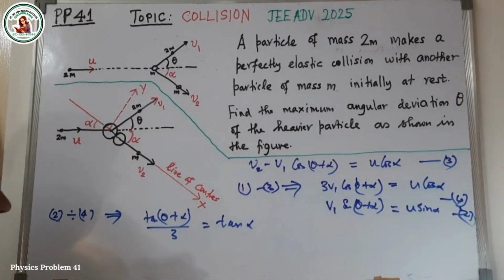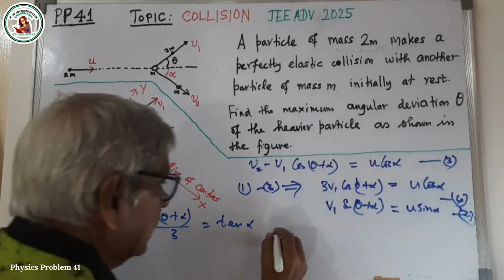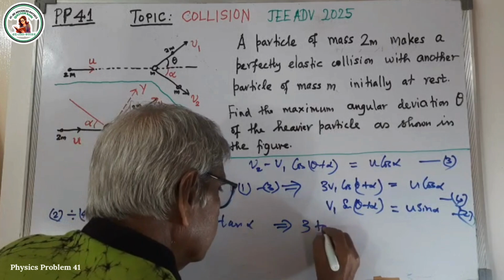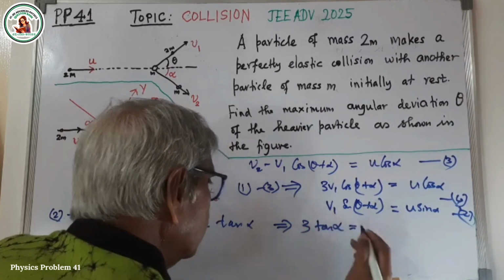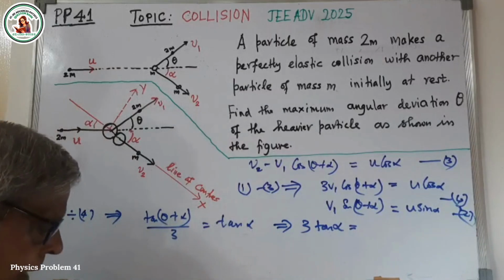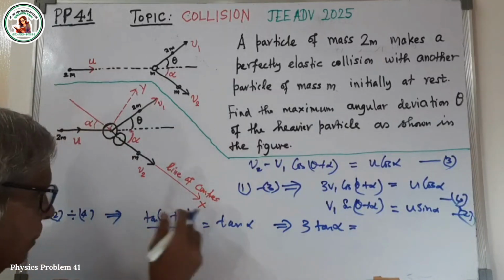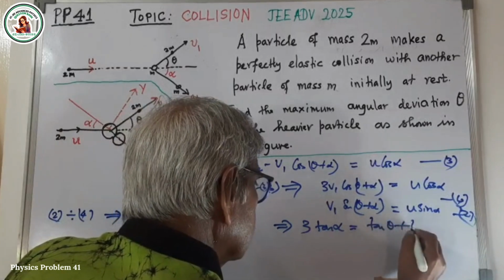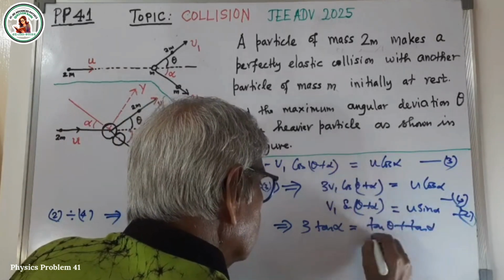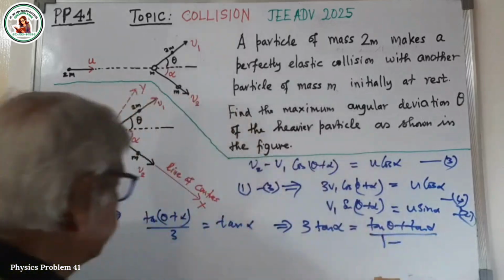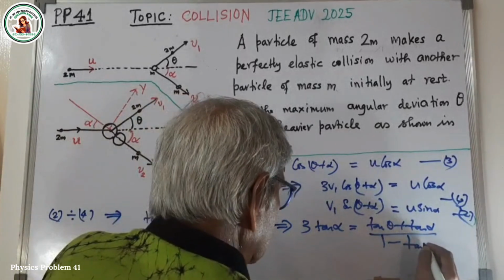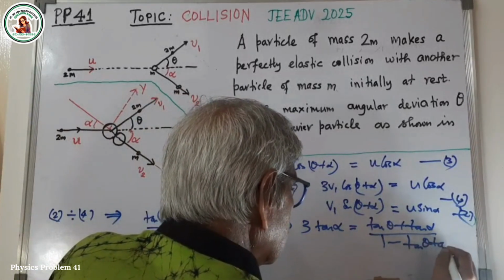So tan alpha implies 3 tan alpha is equal to tan(theta plus alpha). I will expand, tan theta plus tan alpha by 1 minus tan theta tan alpha.